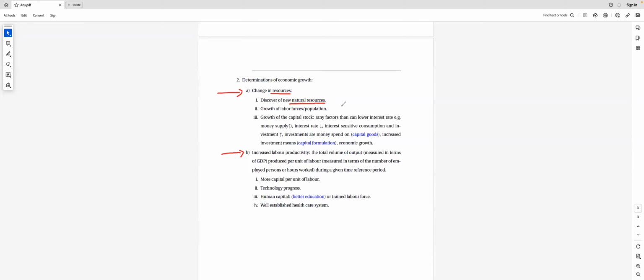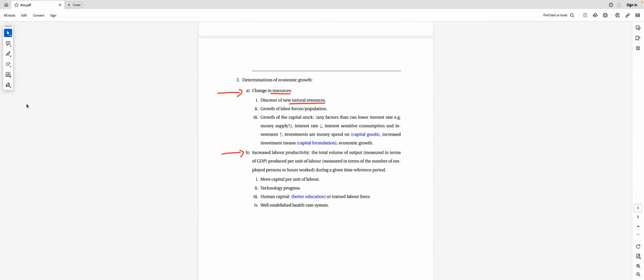So what is a natural resource? Those are things we can directly get from our natural environment, not produced by human beings, like crude oil, forest, water, solar energy.